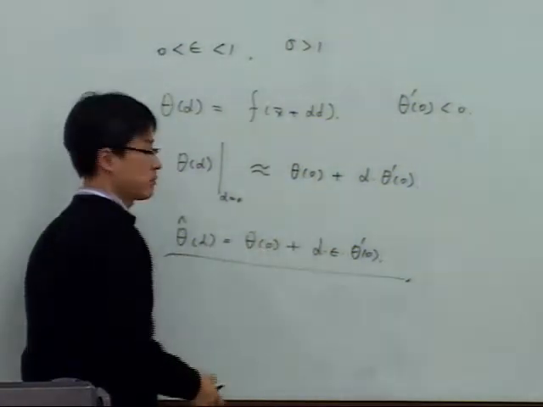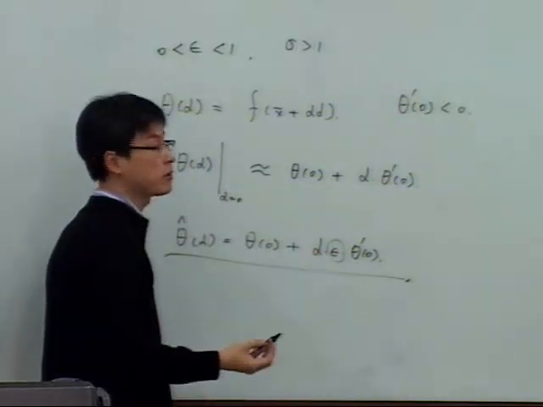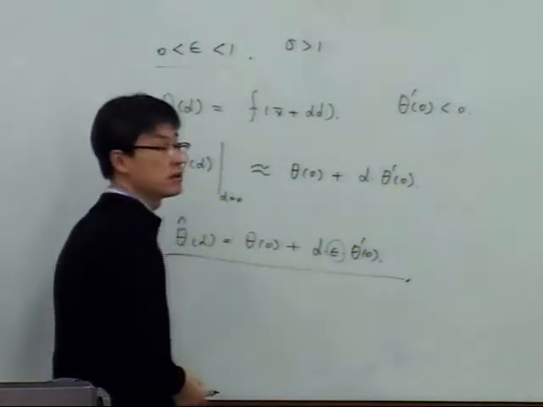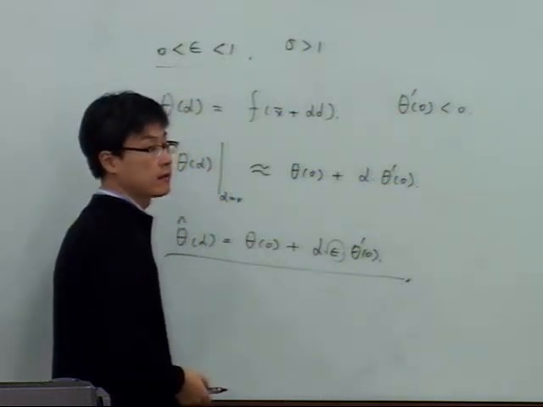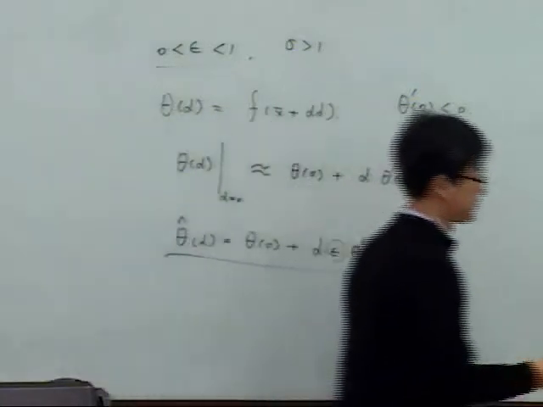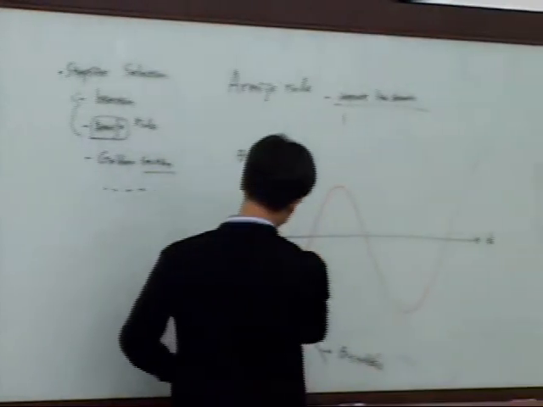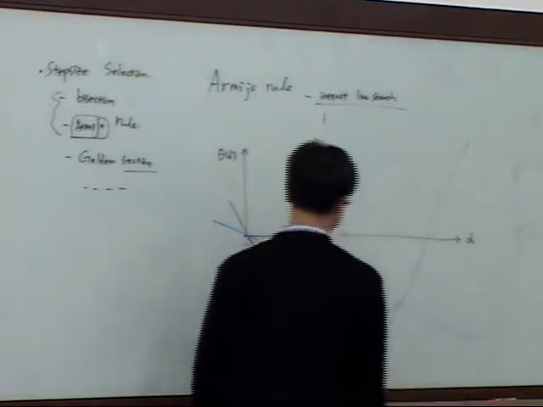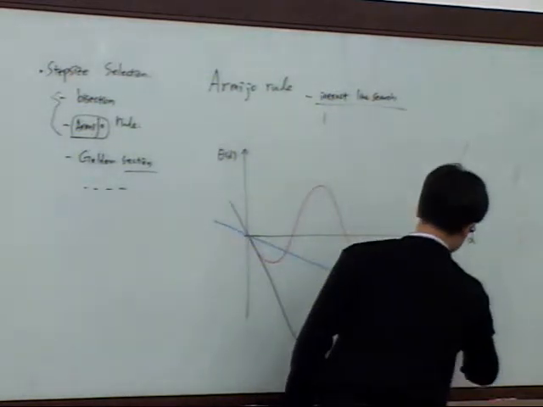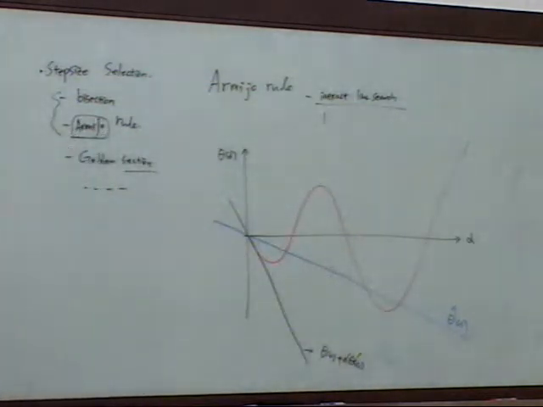Everything is the same, but you only have this epsilon multiplied to your slope, and this epsilon is a positive number but less than 1. And maybe something like this. Question?